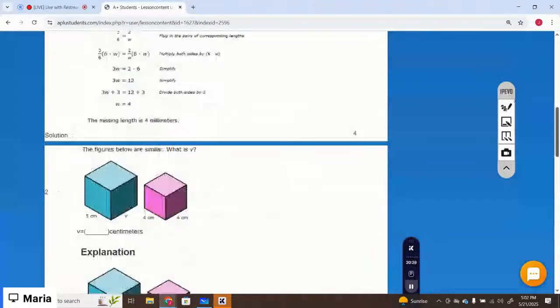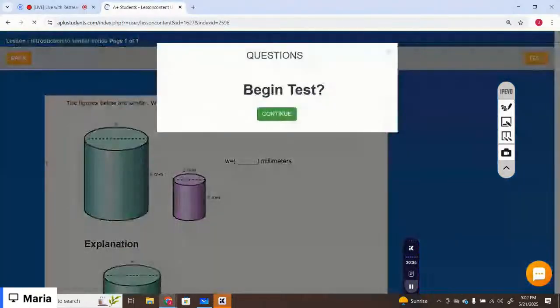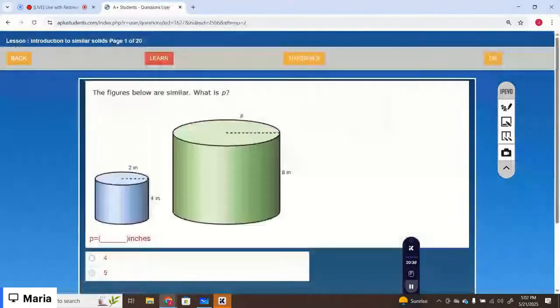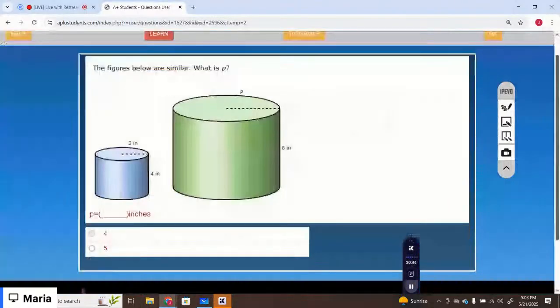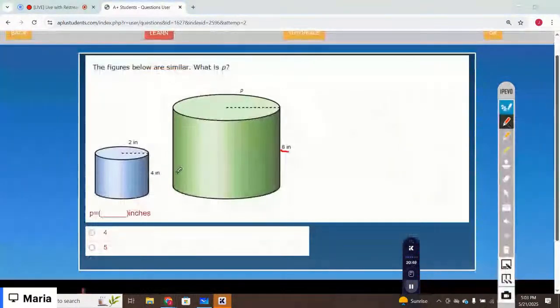Let's start with the test questions. The figures below are similar. What is P? So just set up a proportion between their similar sides. This 8 inch side and its similar side, that is 8 over 4, and then P divided by 2.